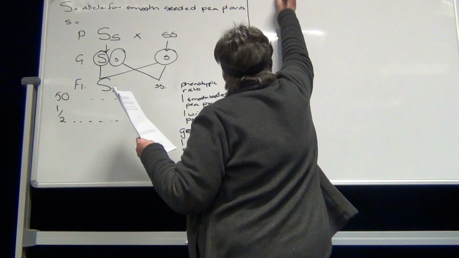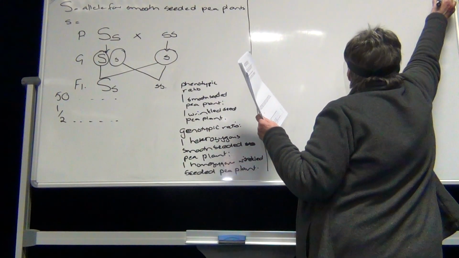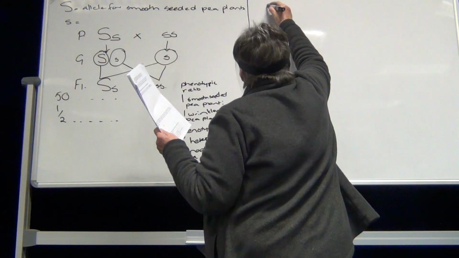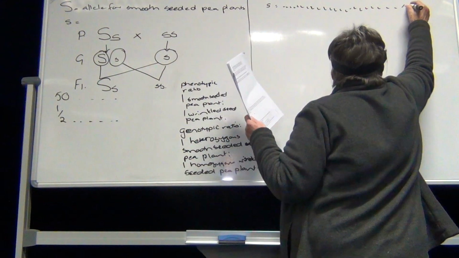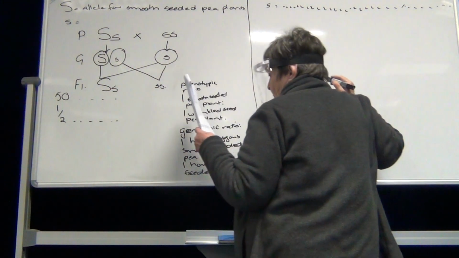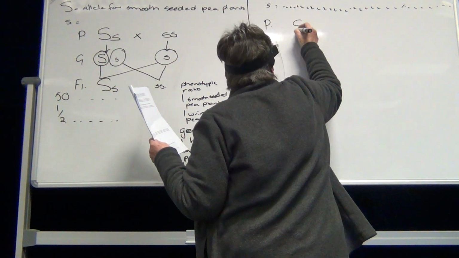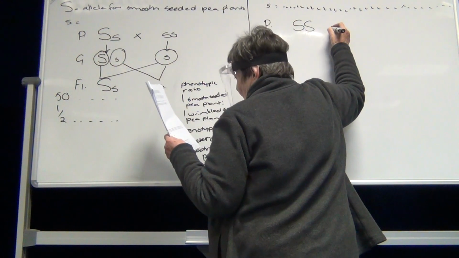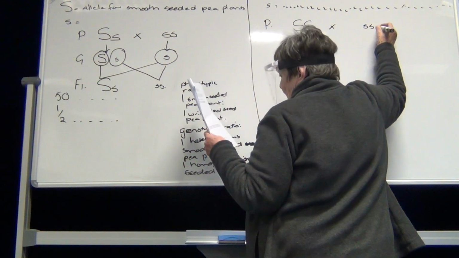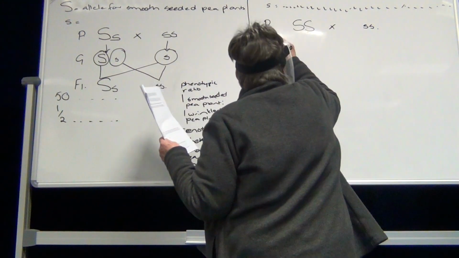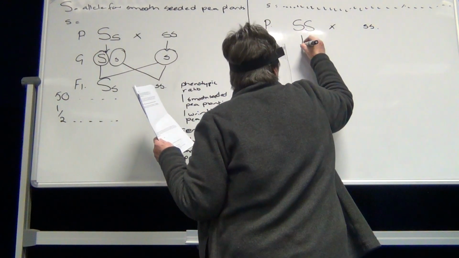Big S, the allele for straight hair, is dominant, so it represents the allele for straight hair in guinea pigs. And small s represents the allele for curly hair in guinea pigs. A homozygous straight-haired guinea pig is crossed with a homozygous curly-haired guinea pig, and they produce an F1. So you've got to go through the whole gamete F1 situation.